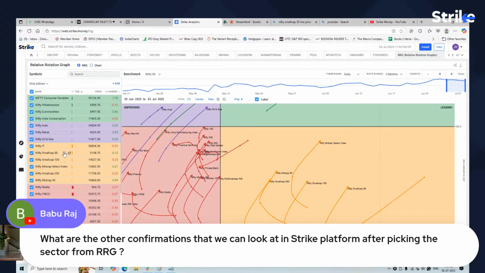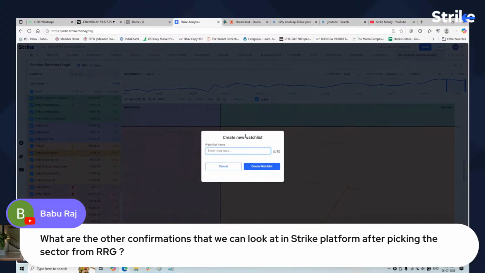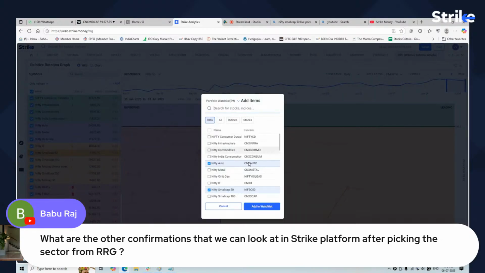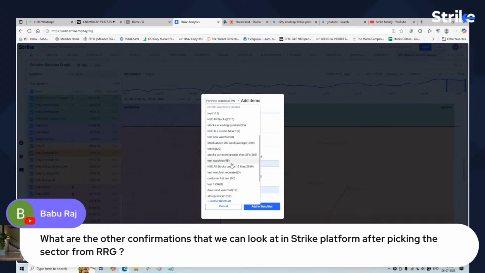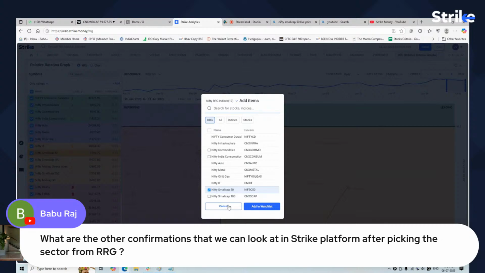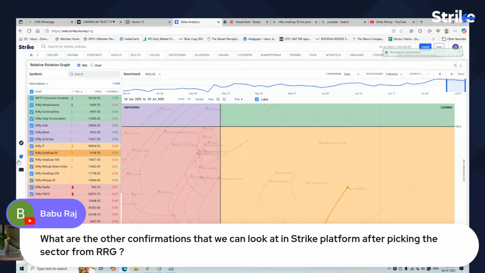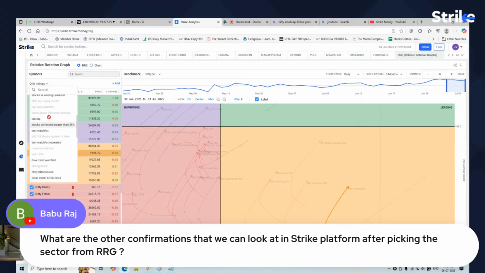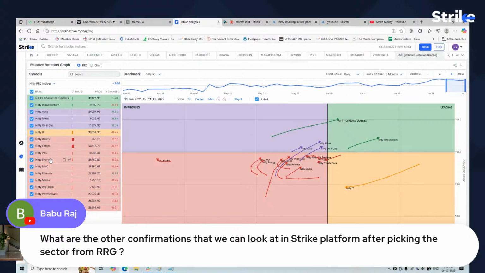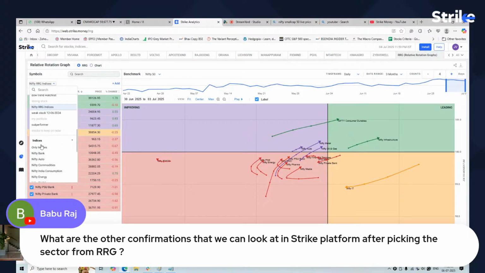Wait, Nifty 50 is not there. So I'll just try and add over there. So you can see the Nifty RRG indices count over here. Right. Now, when you see Nifty indices RRG, I hope I added it in the right one.